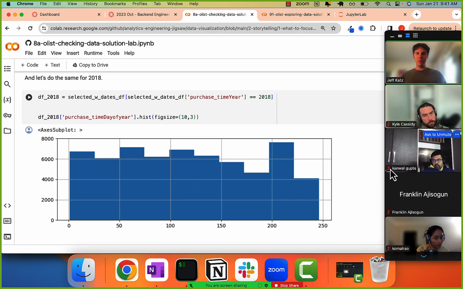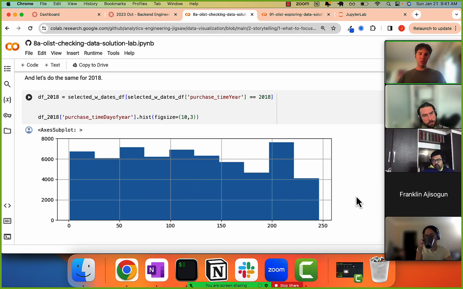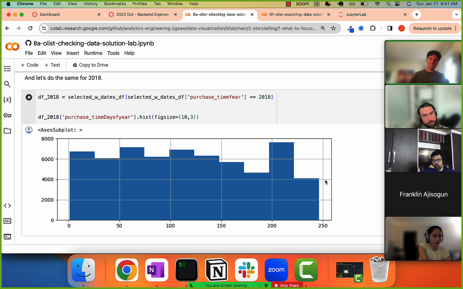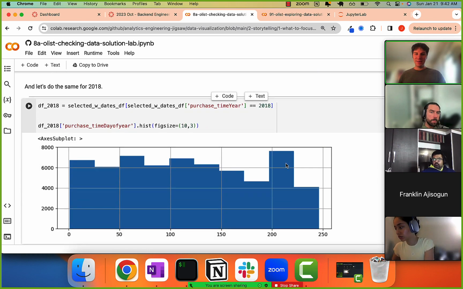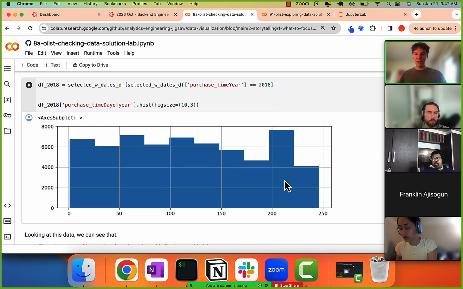Because again, it may look like you have all of 2018 data, but you don't, right? That's a pretty big miss, to walk into a meeting, say you did all this analysis, and then not realize you only have 2/3 of the data. Okay, so those are the main things there.